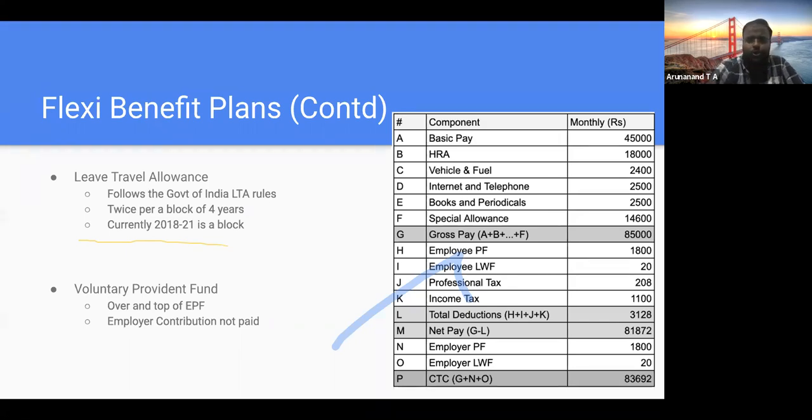And there are two more FBB components. The next one is leave travel allowance. If you know anybody from government service, you might have heard of LTC, leave travel concession. What they get is, every 4 years, known as the LTA block, a certain amount of money twice, and they can travel anywhere in India.